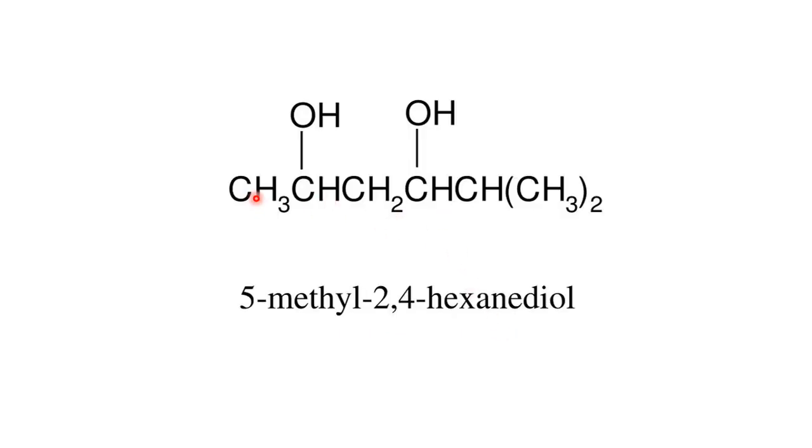Here, guys, the longest chain is 1, 2, 3, 4, 5, 6, and there are 2 methyls. It's hexane, all the bonds are single bonds, and we have 2 OHs, so diol: hexanediol.